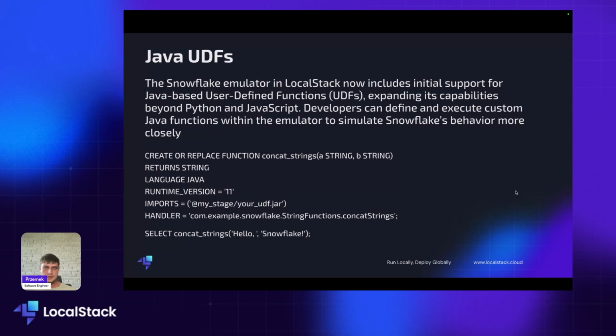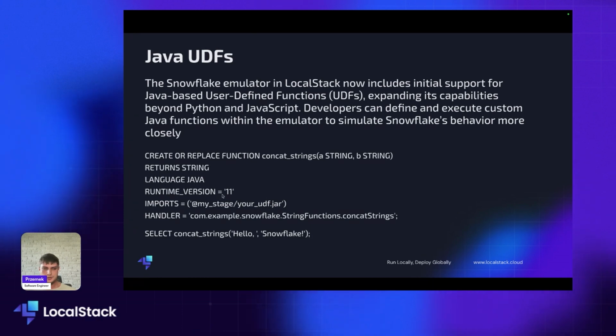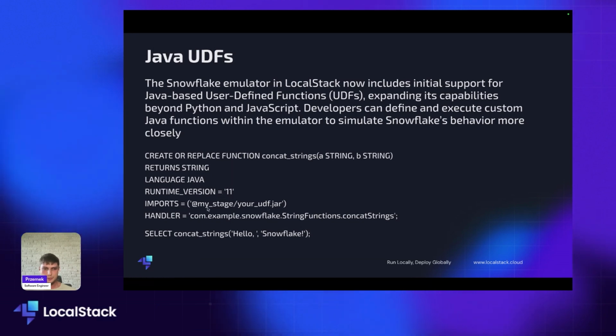Another feature is Java UDFs. We had support for Python UDFs and JavaScript UDFs, and we have now also added support for Java UDFs. So what we can do now is create a function and then point to the Java language, choose a version of Java, and then point to a stage in Snowflake where your built and compiled jar is located.